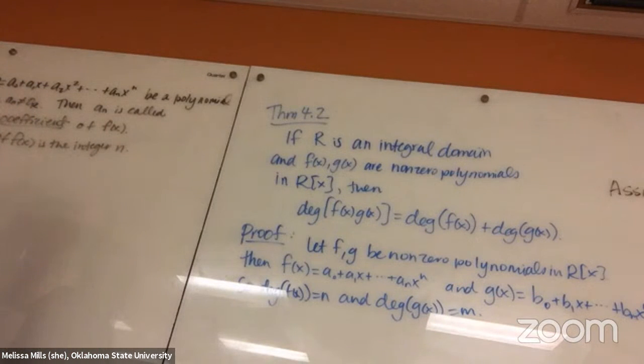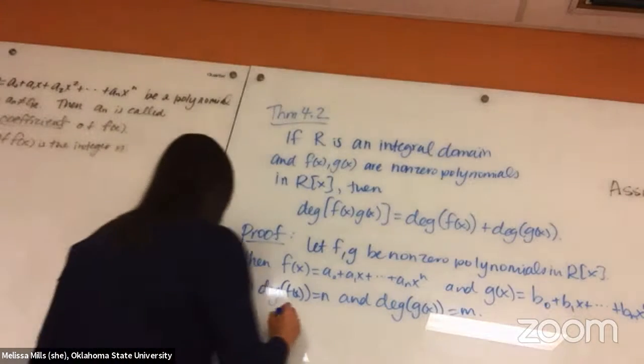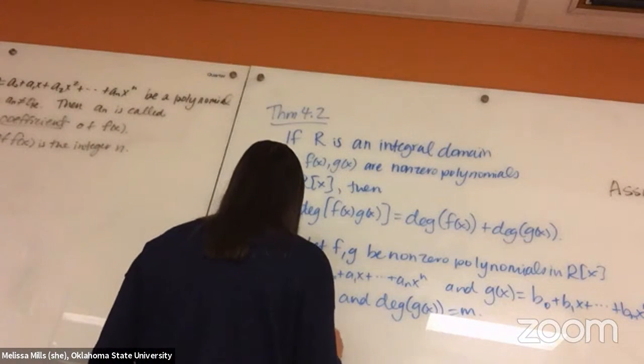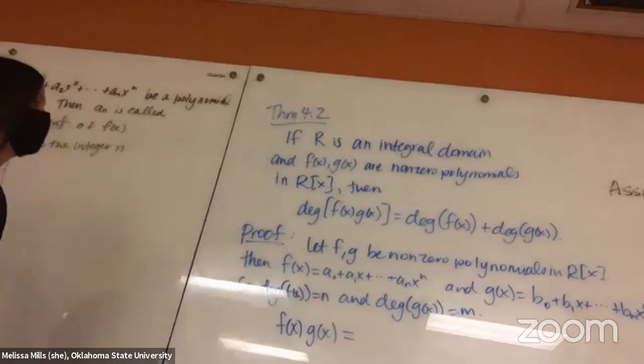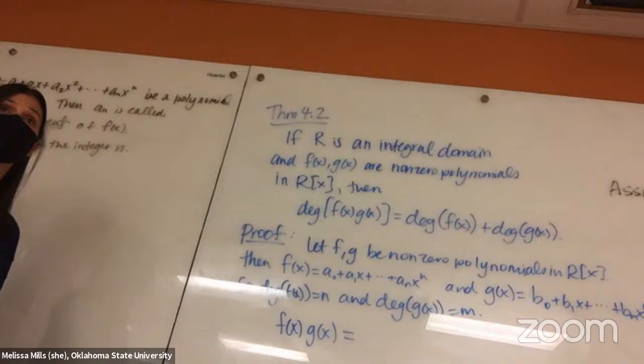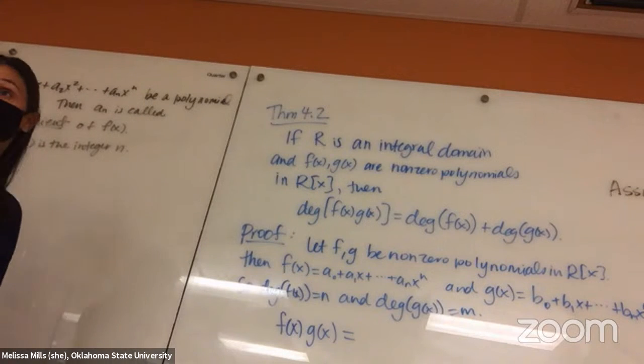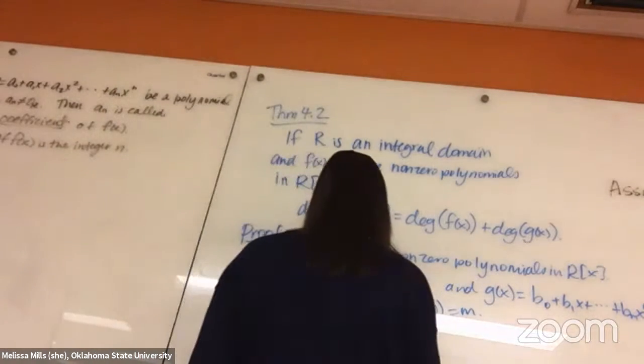So then what is f times g? So if I do f of x times g of x, well, what do I get? Well, when I multiply those together, what's my constant term going to be? A naught b naught. Yeah, so the constant term is a naught b naught.